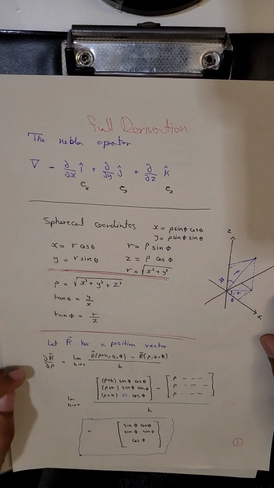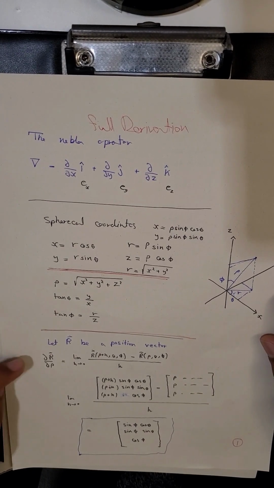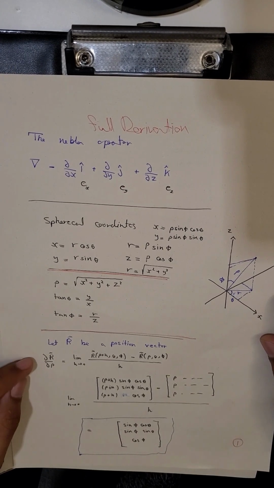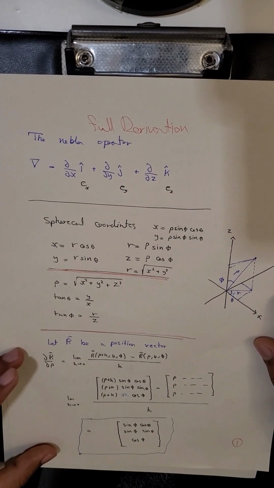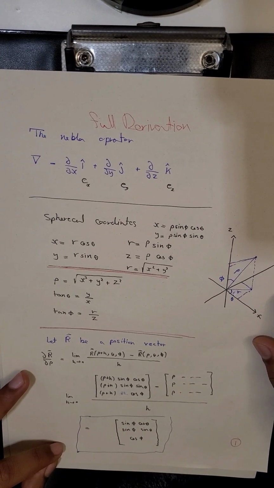Again, we're going to be trying to find the basis vectors for spherical coordinates. So we take the position vector r, and we take the partial of that vector, the rate of change of that vector in the direction of rho. And you can work through the algebra yourself. You can see it right here. I wrote almost everything.